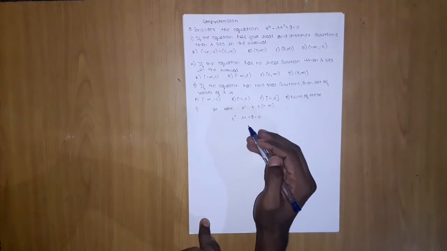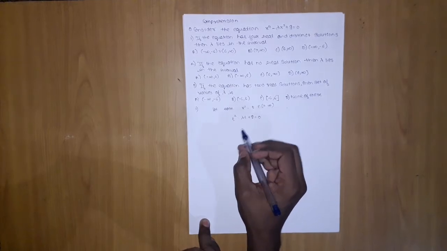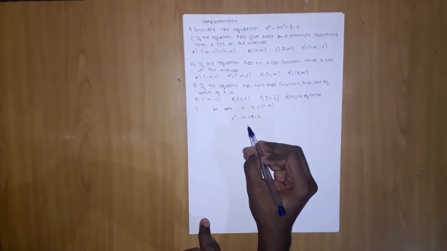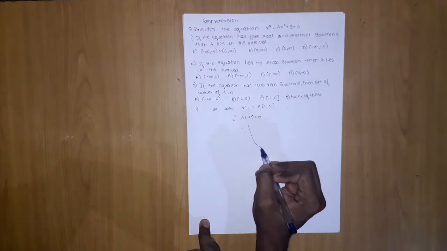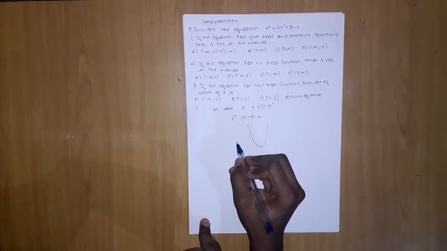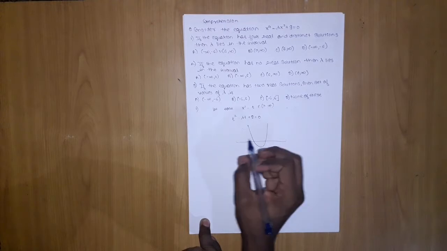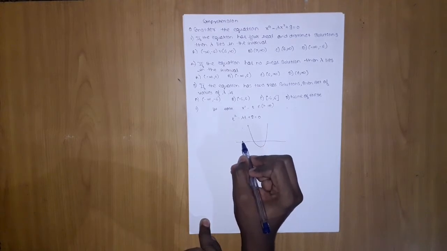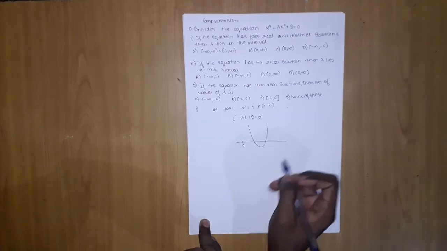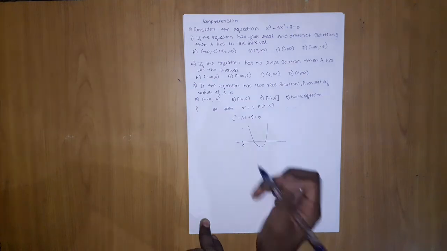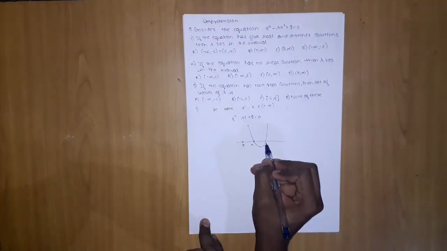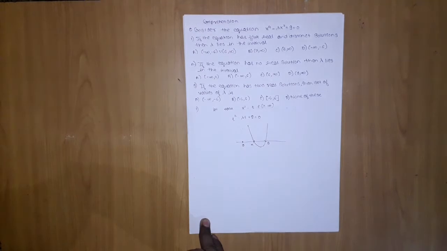Okay, so let's draw this parabola. It will be like this, upwards, and it should lie from 0 to infinity, right? Now let's consider its roots at alpha and beta, right?